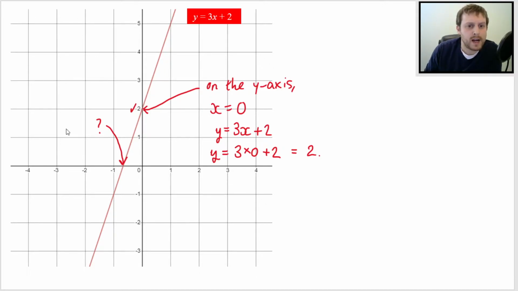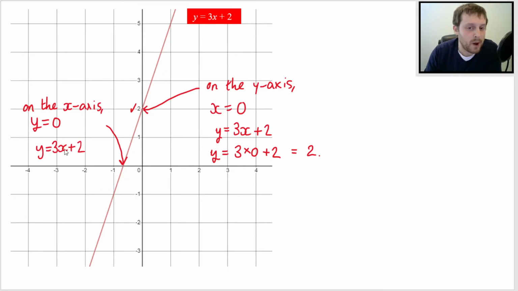I'm going to write that down, and you might want to make a note of that yourself, because this is going to be very, very important, really important to so many things in maths. On the x-axis, it's y that's 0. It's like what I wrote over here, but the other way around. So on the x-axis, it's actually y that's 0. So let's write down our equation again. y is 3x add 2.